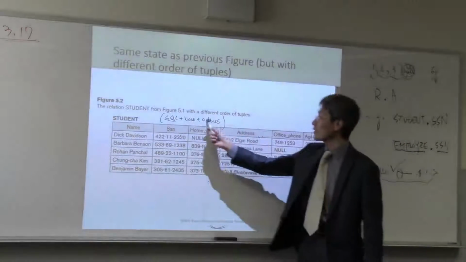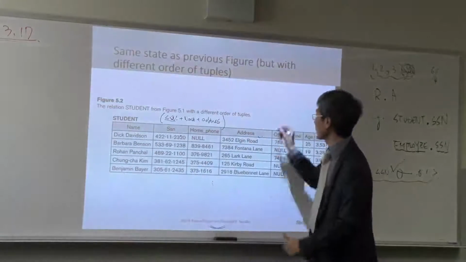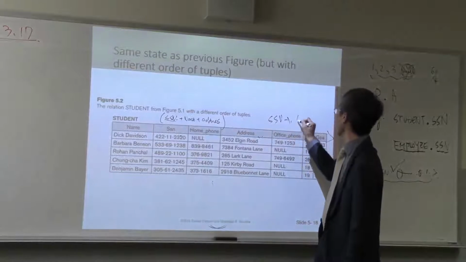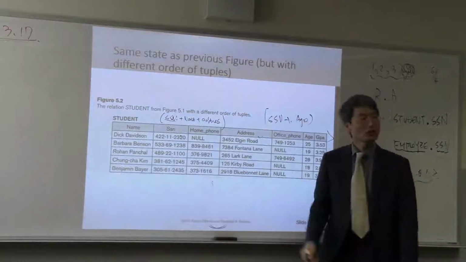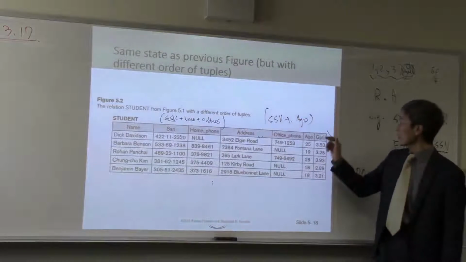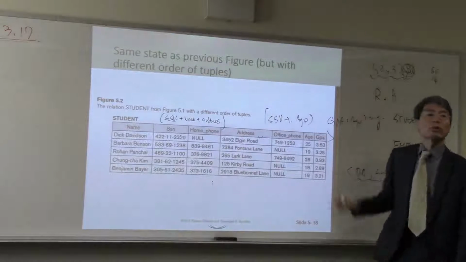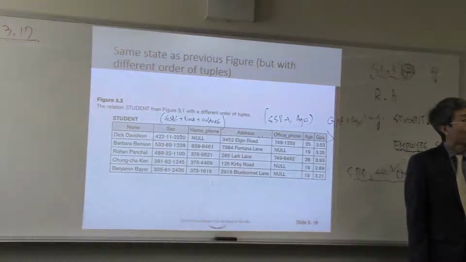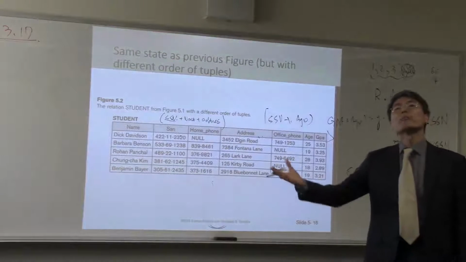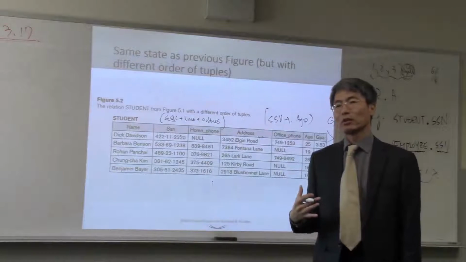What about this one? This is a super key. What about this one? Social security number plus age. This is also a super key. However, GPA plus age is not a super key. So, we can find as many super keys as possible.